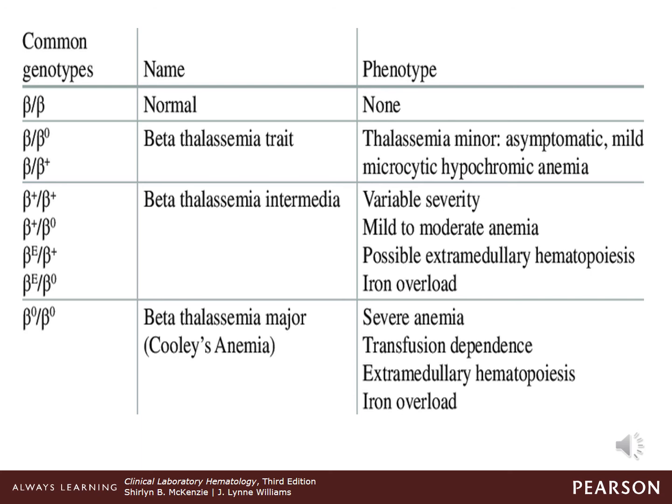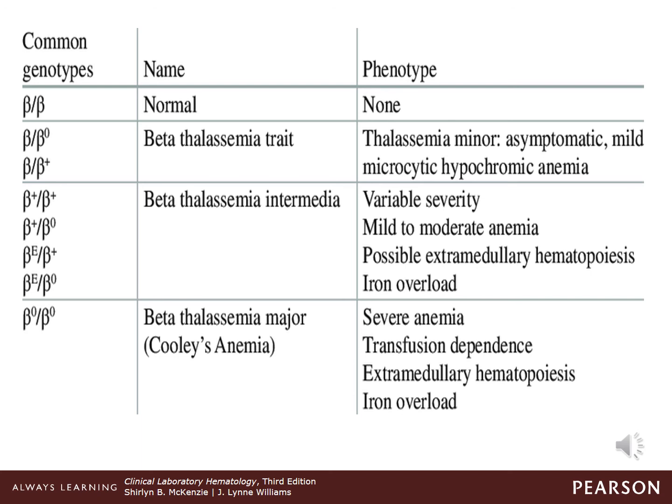Now when you get into beta thalassemia intermedia, this is where you have either a partial block or a complete absence of the chain. And here you might have variable severity causing a mild to moderate type of anemia. You might have other places besides the bone marrow making the cells, and if you happen to have constant transfusion, you might get iron overload.